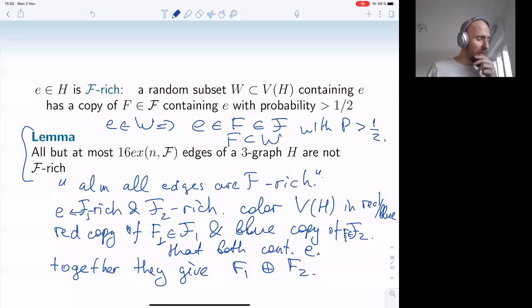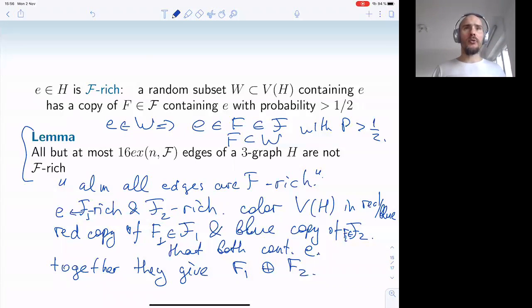And as for the proof of the lemma, maybe I can say something. Basically you look at all the bad edges, the edges that are not rich, and then you pass to a random subset.